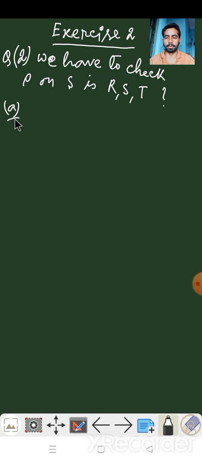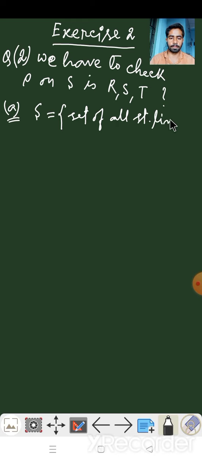In the first question, rho is defined on S, where S is the set of all straight lines in a plane.